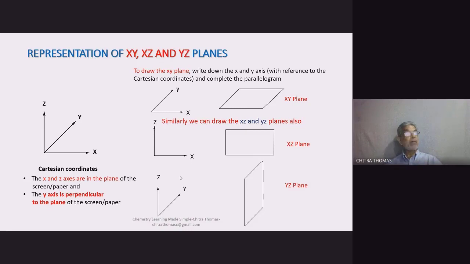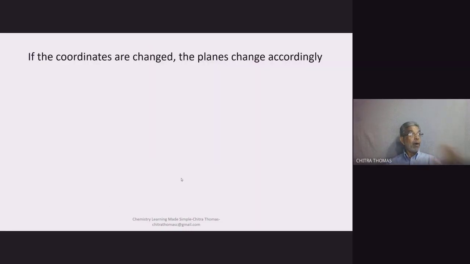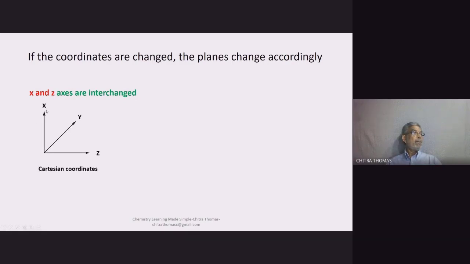Now, if the coordinates are changed, the planes change accordingly. The X and Z axes are interchanged. What was formerly Z is now X. What was formerly X is now Z. These two coordinates have been interchanged.